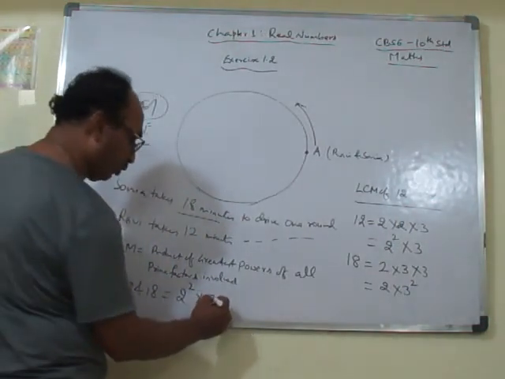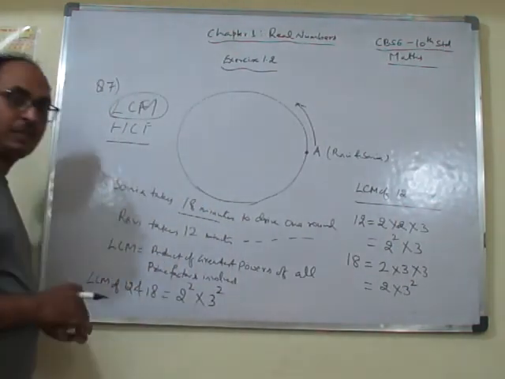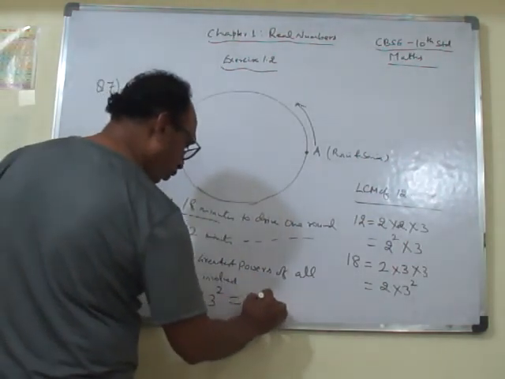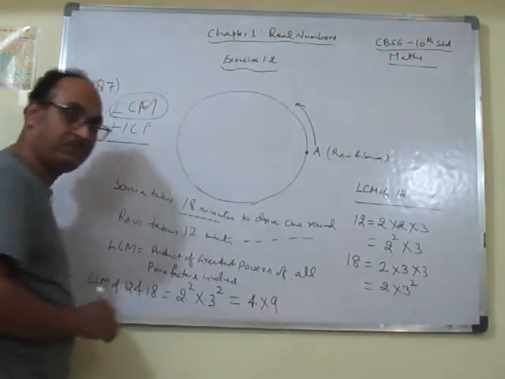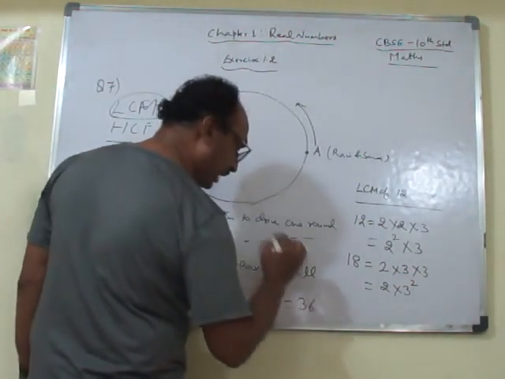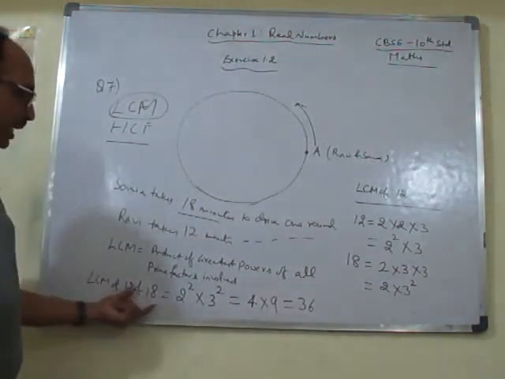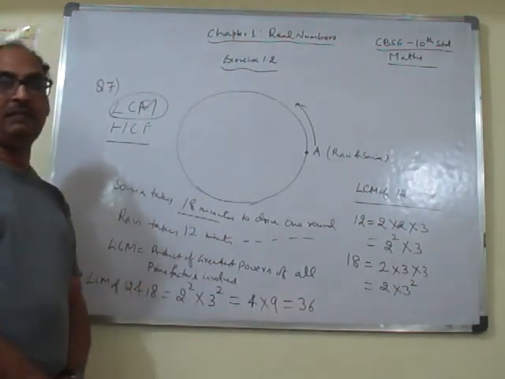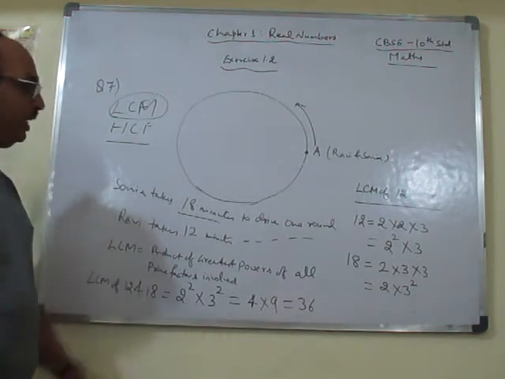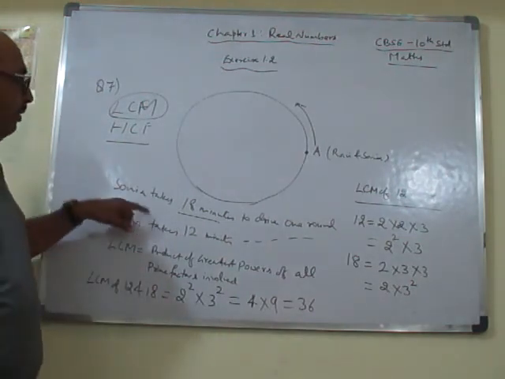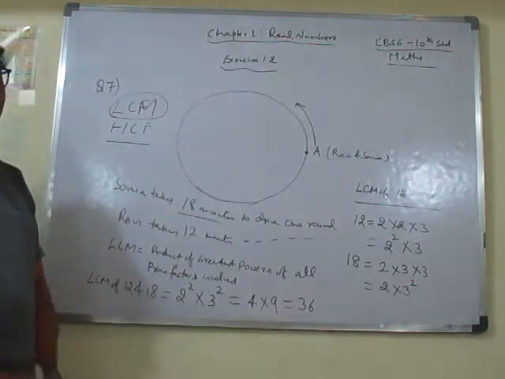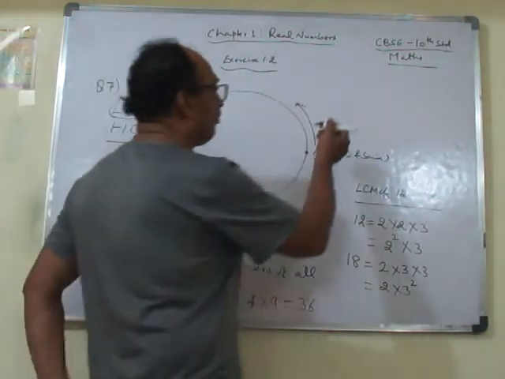So 3 square. Now this will be equal to 4 into 9, which gives us 36. So LCM of 12 and 18 is 36. It means Sonia and Ravi will be meeting each other at this point after 36 minutes.